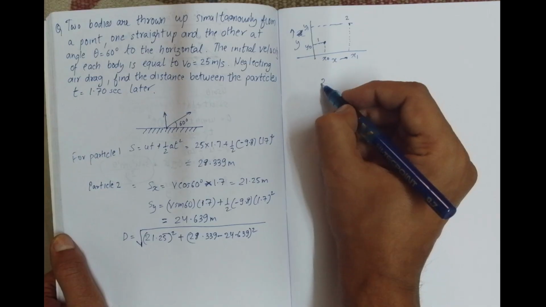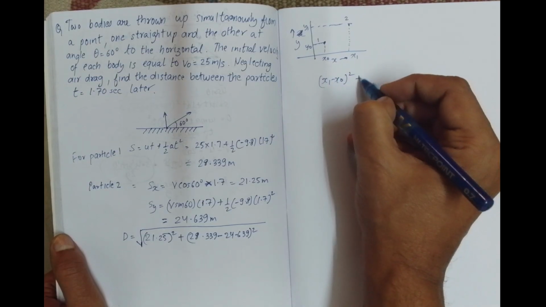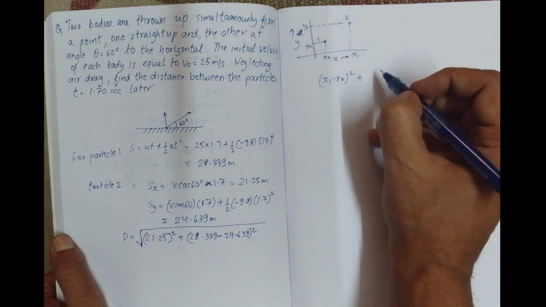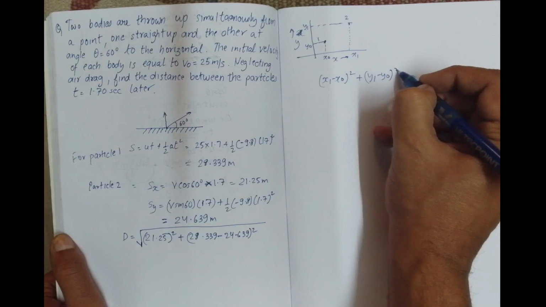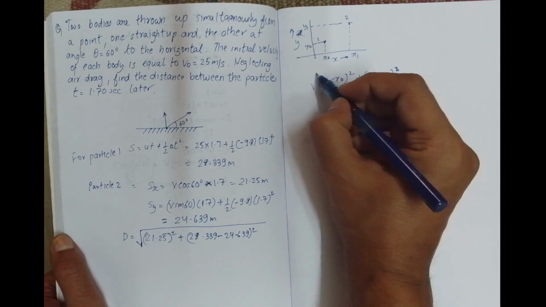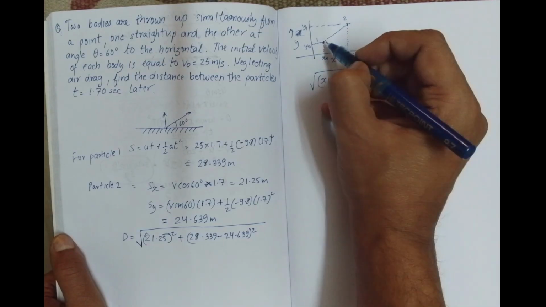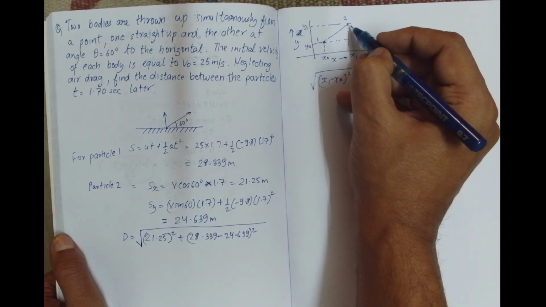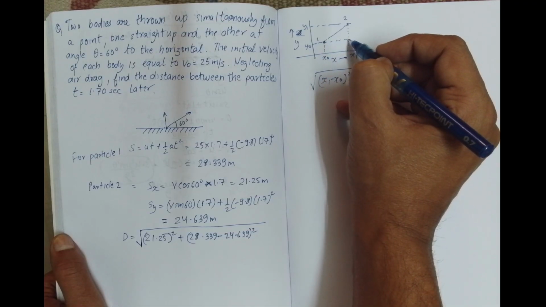So what is the difference in x coordinates? x1 minus x0. Square of this plus what is the difference in y coordinates? y1 minus y0. Square of this and then under root of the whole thing. Why? Because if you consider this a right angle triangle, Pythagoras theorem you can apply to this. This is x1 minus x0.